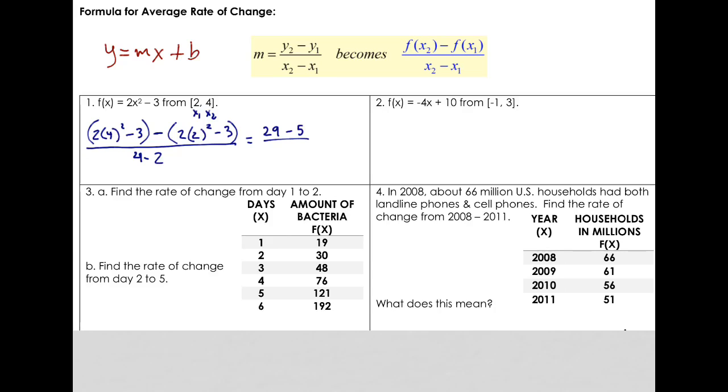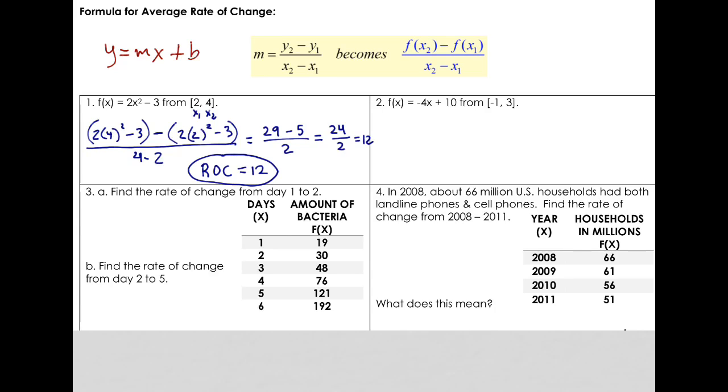Then obviously below, 4 minus 2 would be equal to 2. So we do the math on the top, that would be 24 over 2, which would be equal to 12. And so the rate of change between 2 and 4 on that function would be equal to 12.